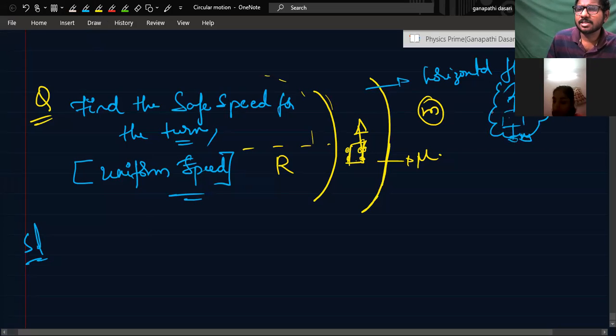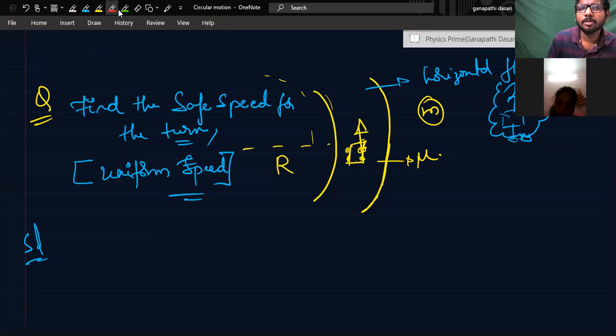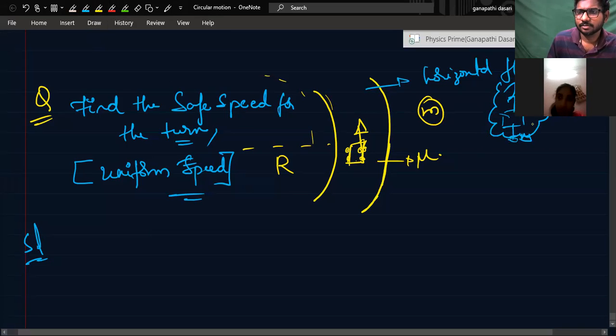So in all the cases of horizontal circular motion, these forces did not come into our calculation because centripetal force is not provided by these forces. It's not that they don't exist. It's just that we don't need them in horizontal circular motion problems particularly.